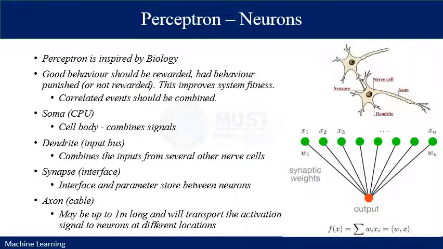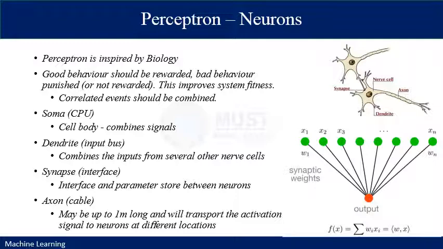Another example of a linear discriminant model which we discussed in one of the previous lectures is the Perceptron learning algorithm. The Perceptron is inspired by biological concepts of human psychology and the human nervous system. It works on the phenomenon that whenever a signal is positive, it is reinforced by other signals from the neurons.